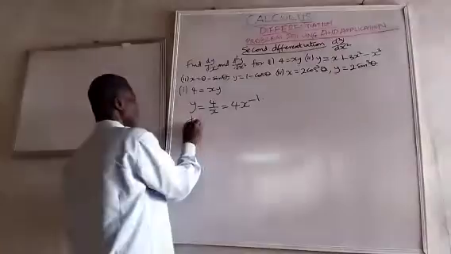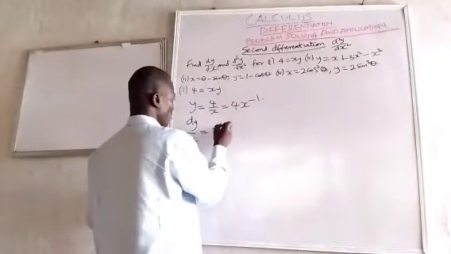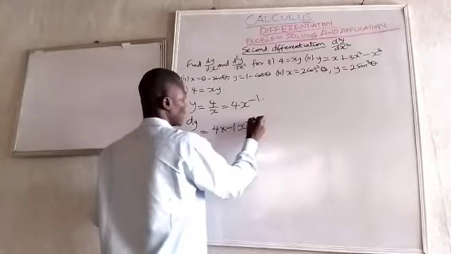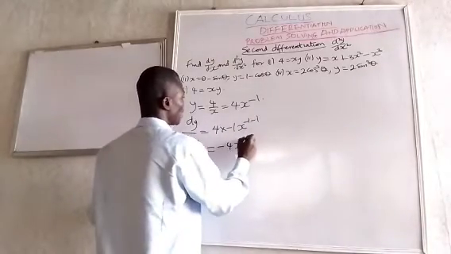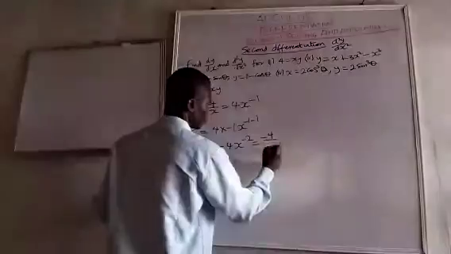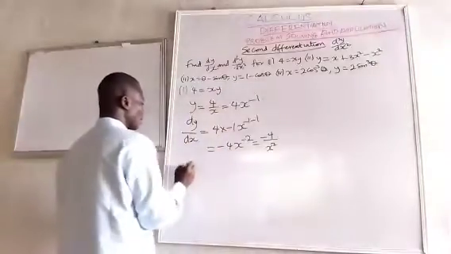So dy/dx will be equal to 4 times minus 1 into x raised to the power minus 1 minus 1, which is minus 4x raised to the power minus 2, or you can say minus 4 over x squared. Simple.